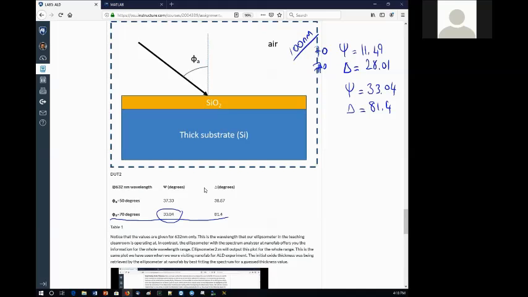So I'm going to guess a different thickness the second time to get these two numbers closer. As soon as I am getting closer to them, that's going to be my real thickness, the thickness of the silicon dioxide that I'm looking for.